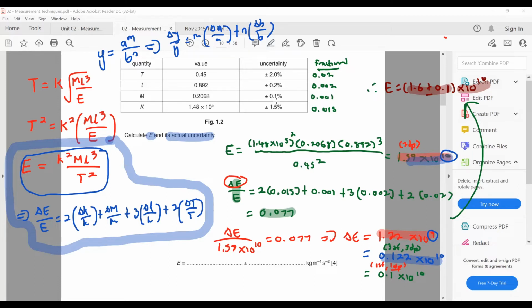All right. So where was the problem with this that you have brought? What was the difficulty with this question? I did until the 1.22 part, and then after that I was like, how do I change it?